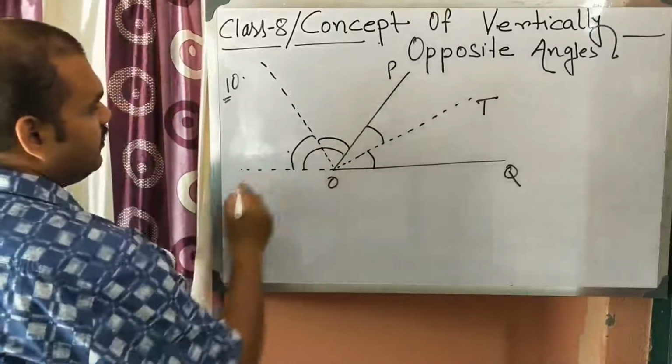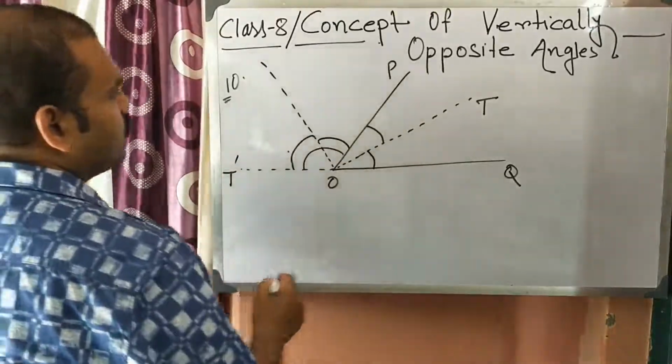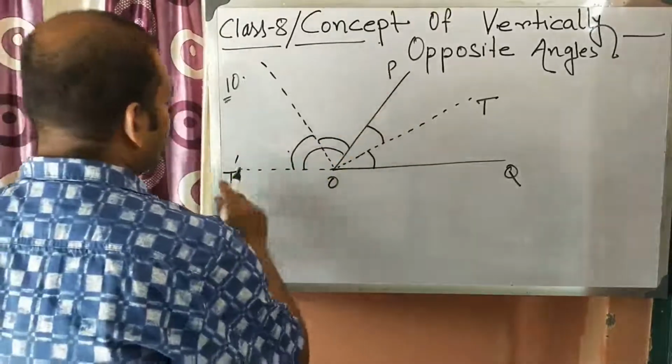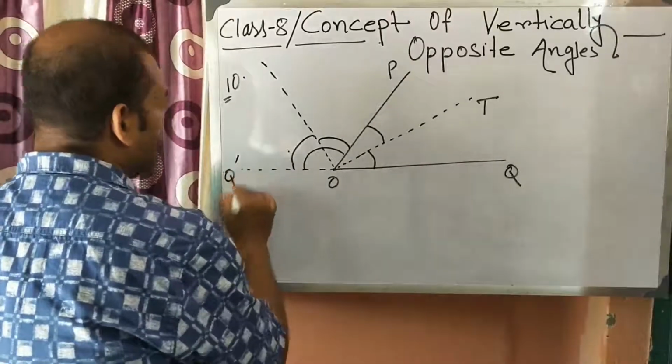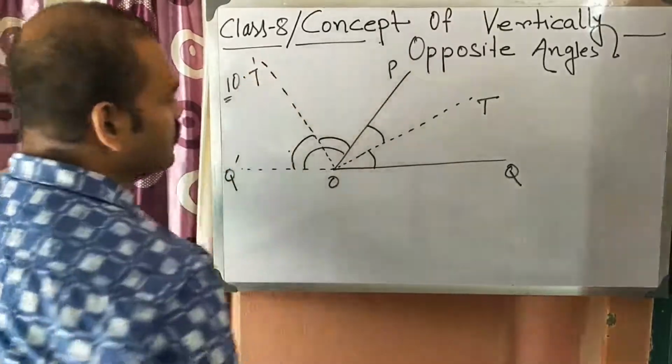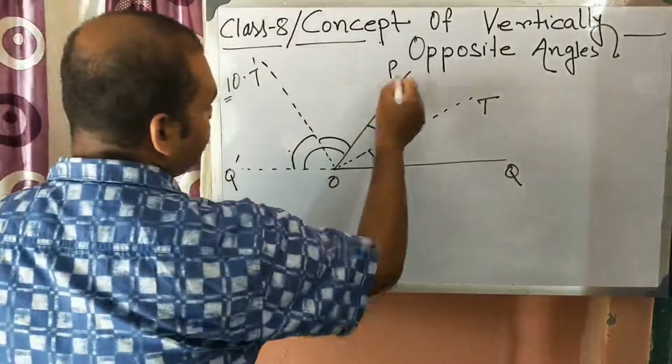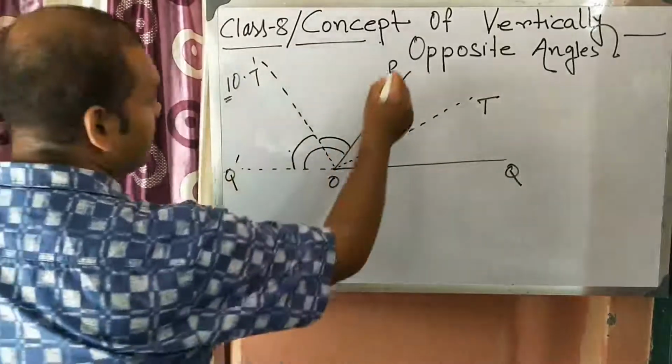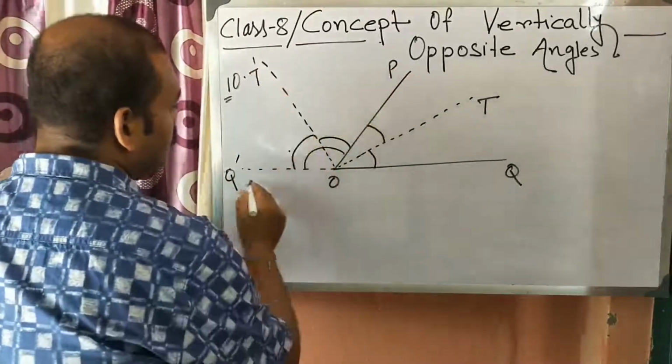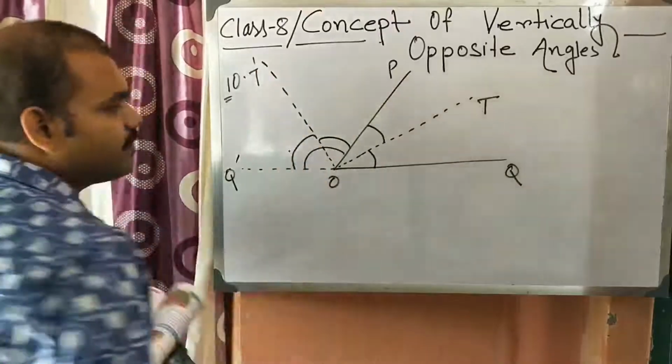Suppose the name is T prime. Suppose this is Q prime and this is T prime. So you can say POT prime is equal to Q prime OT prime.